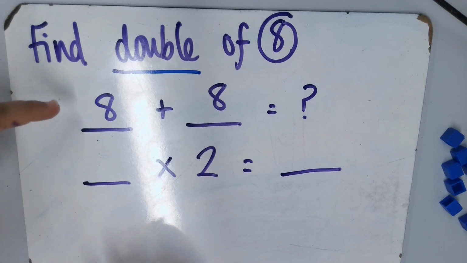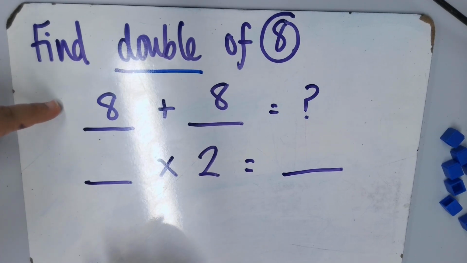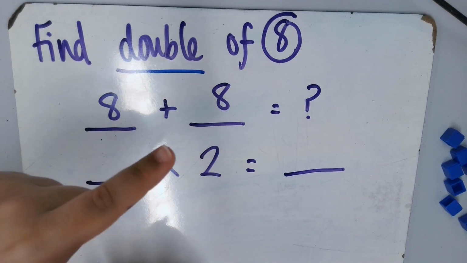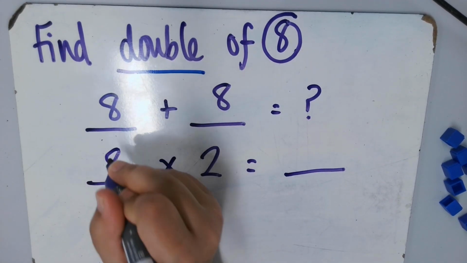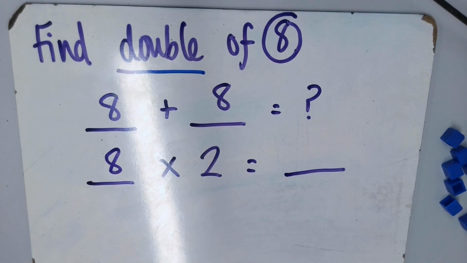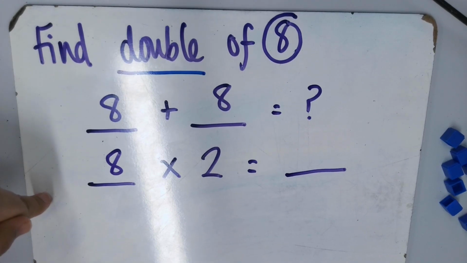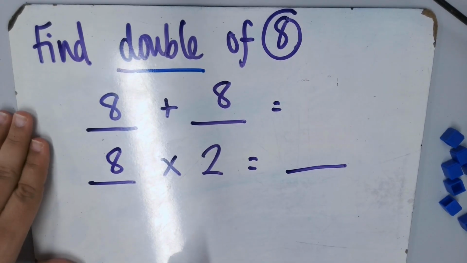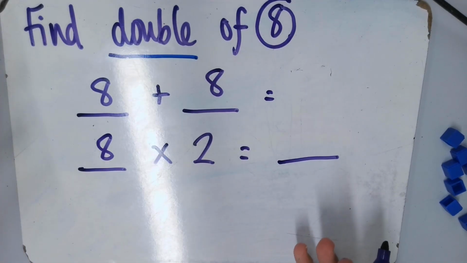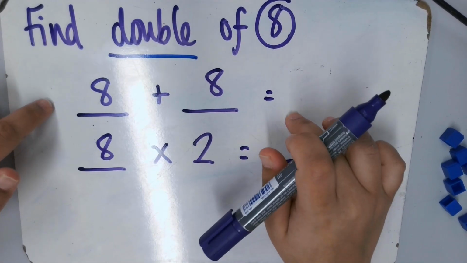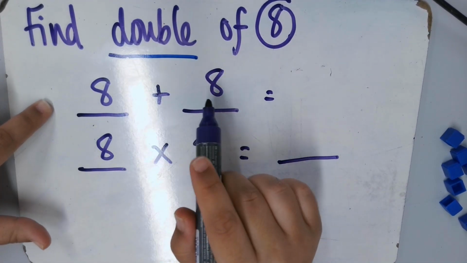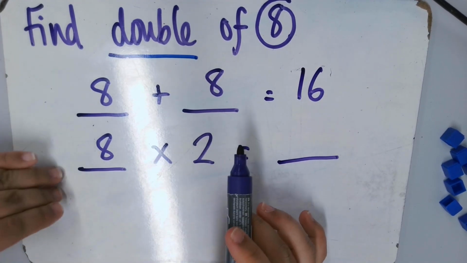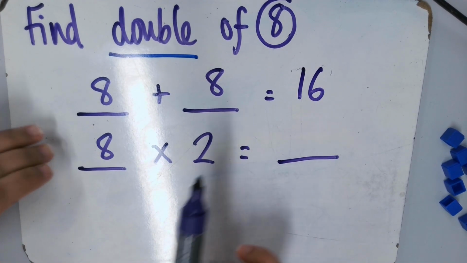Well, I've done my addition equation, and I know it's the same number 2 times. So, 8 times 2 is the same as me saying double 8, or 8 add 8. Now, I actually don't really need to get my counters out for this, because I know my number bonds to 20. 8 add 8 is 16. Therefore, 8 times 2 is also going to be 16.